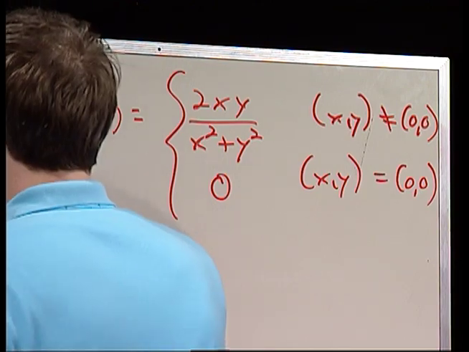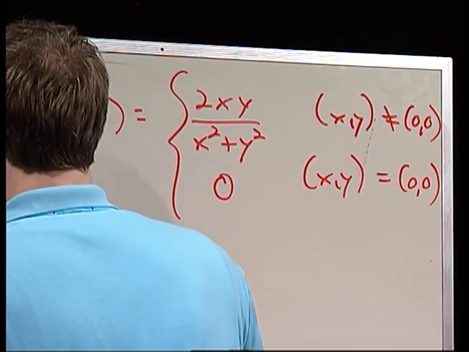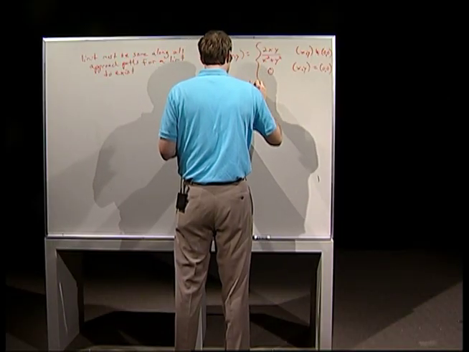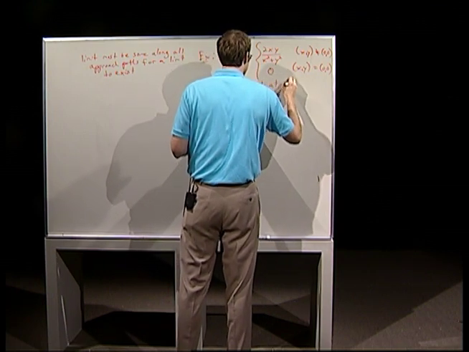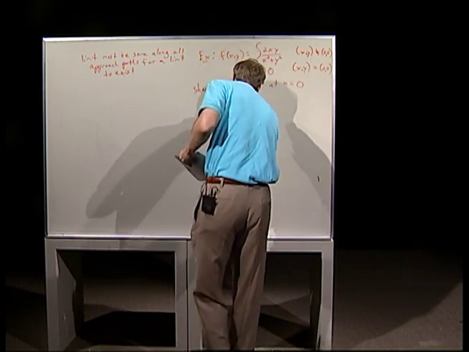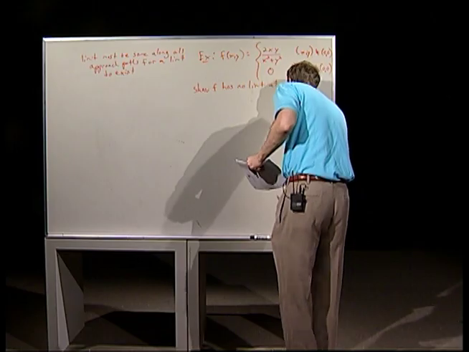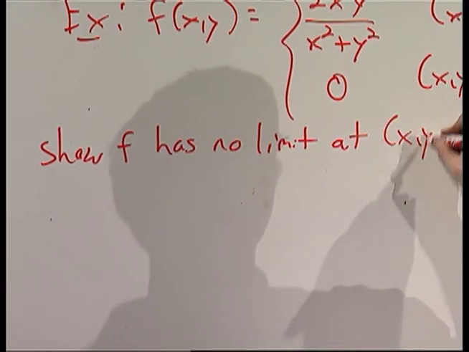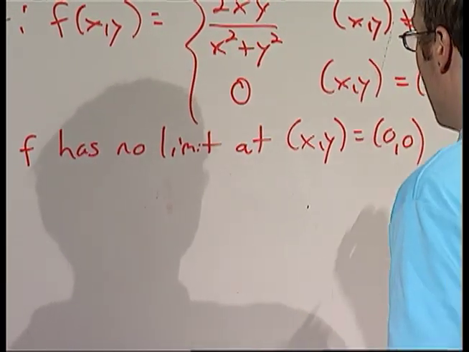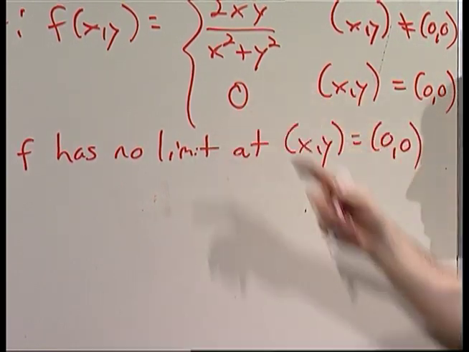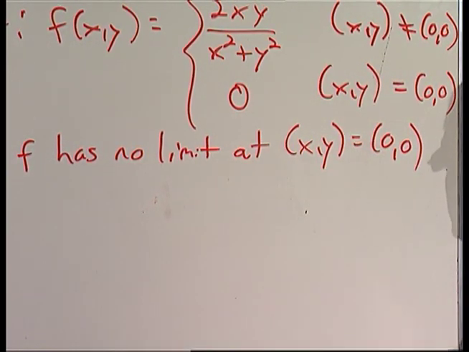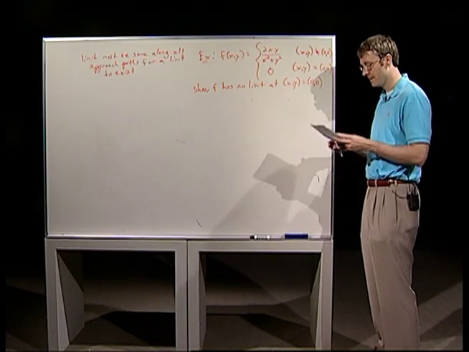I'd like to show f has no limit at, oopsies, not x equals 0, (x,y) equals (0,0). In other words, this is certainly defined at (0,0). I'd like to show it does not have a limit there.